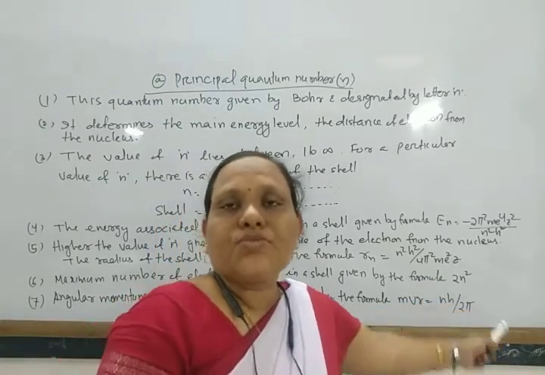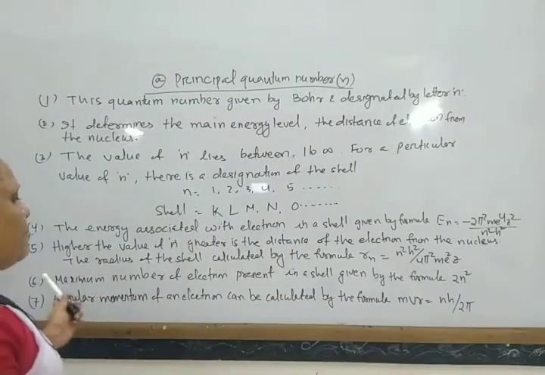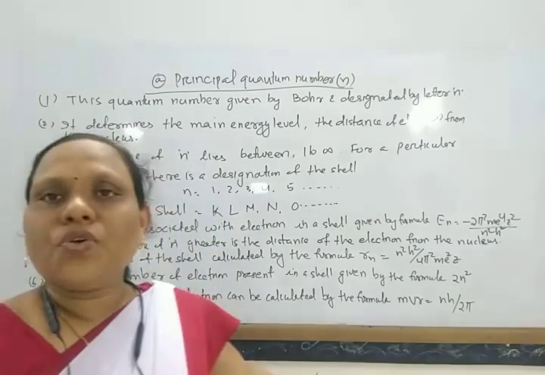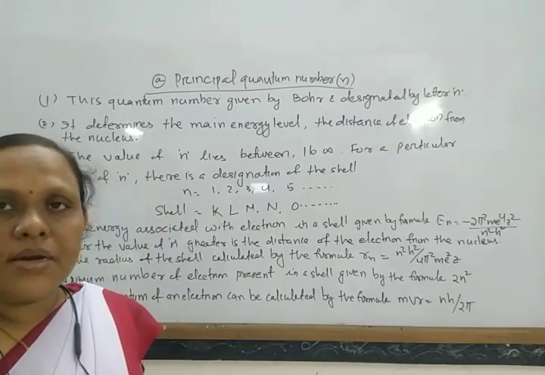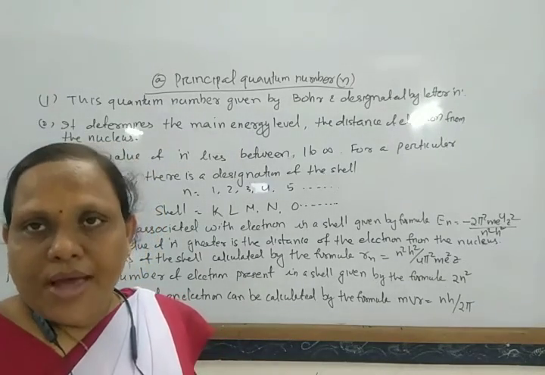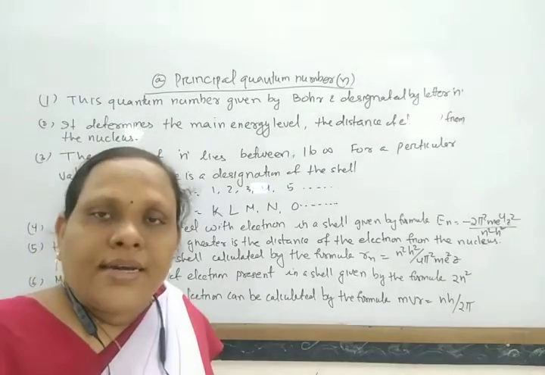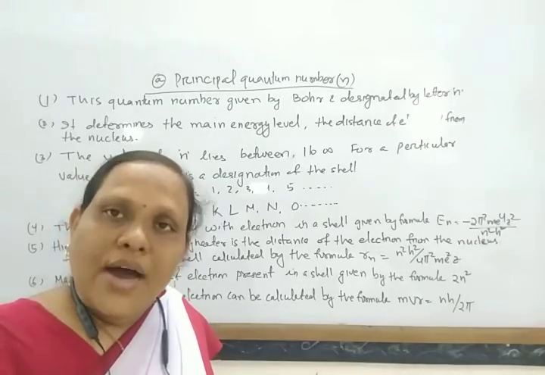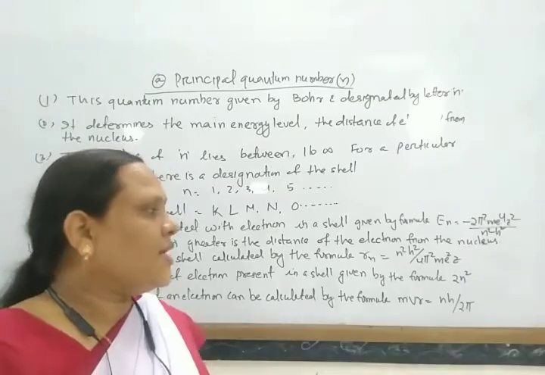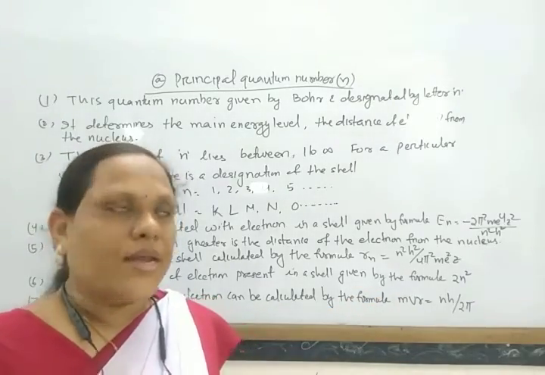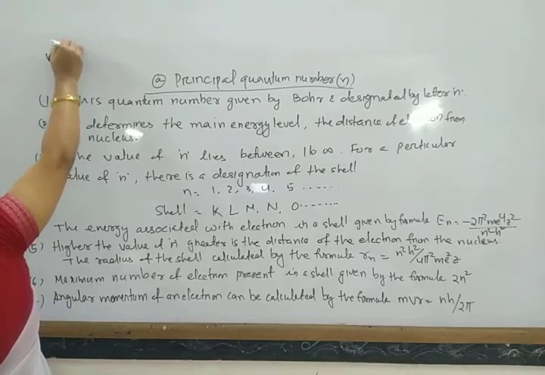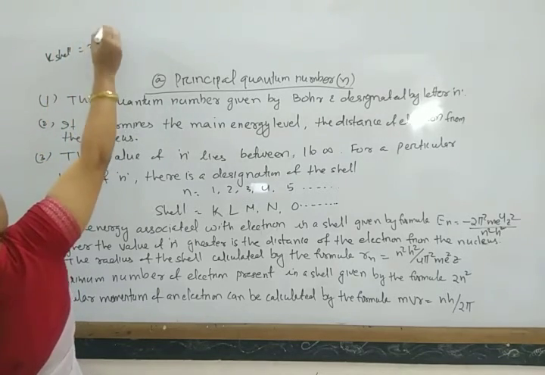And maximum number of electrons present in a cell is also given from this principal quantum number by the formula 2n square. If n equal to 1, that is K cell, number of electrons present is 2 into 1 square, 2. So in K cell there is 2 electron.